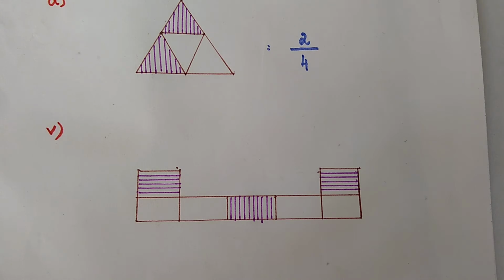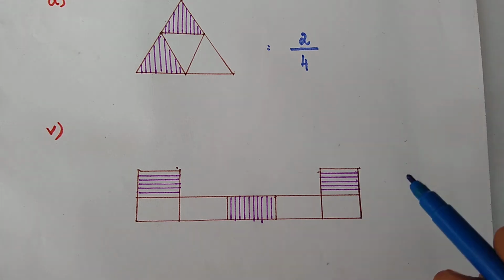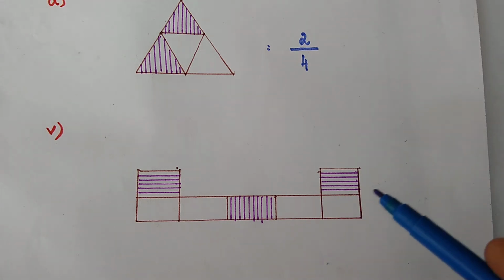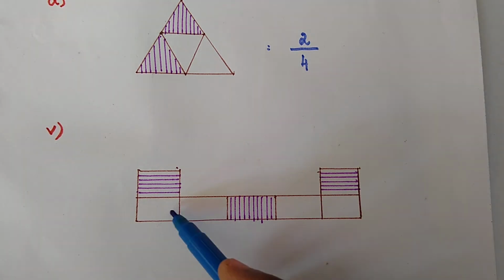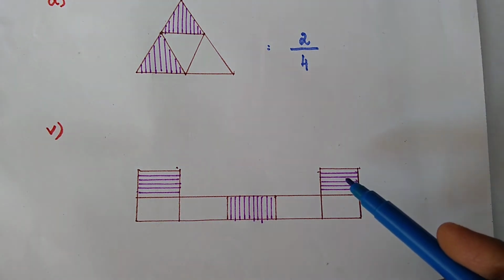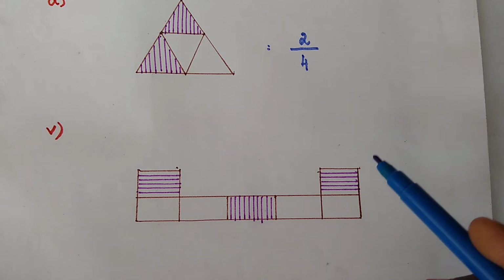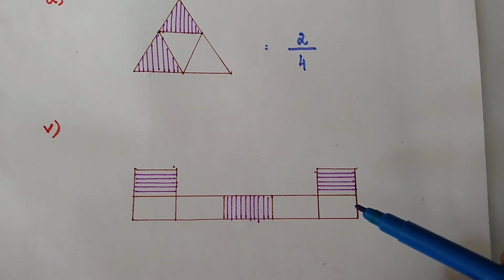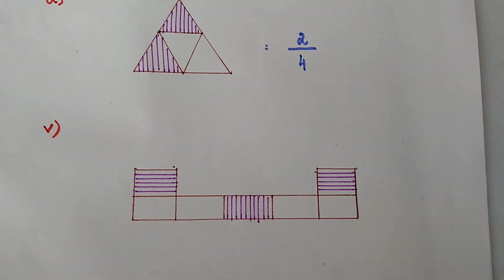Next, the next image is an arrangement of many squares. So, how many squares do you have? 1, 2, 3, 4, 5, 6, 7. So the total number of parts is 7.